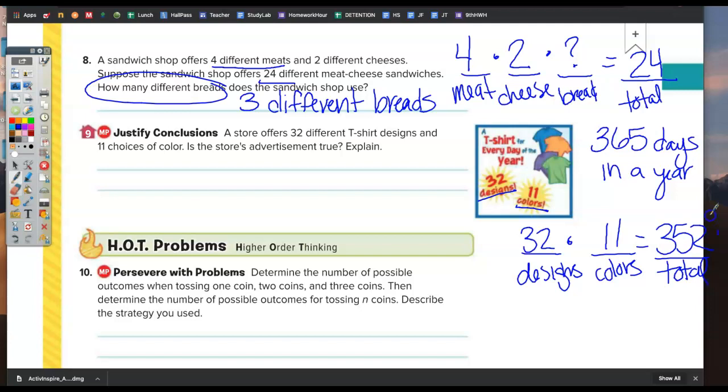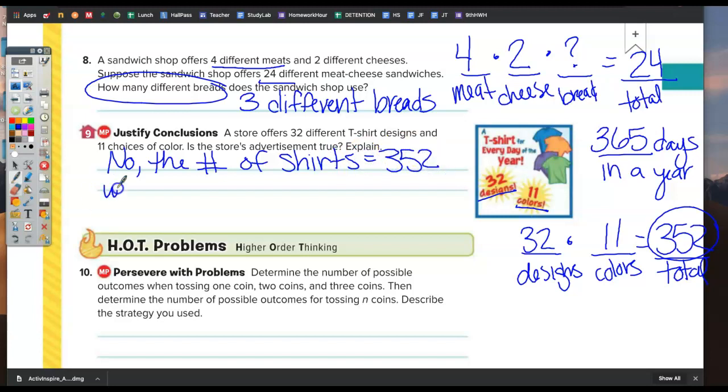No, because if I only have 352 t-shirts to choose from, I don't have enough to wear a different one every day of the year. Therefore, my final answer would be no. The number of shirts equals 352, which is less than 365.